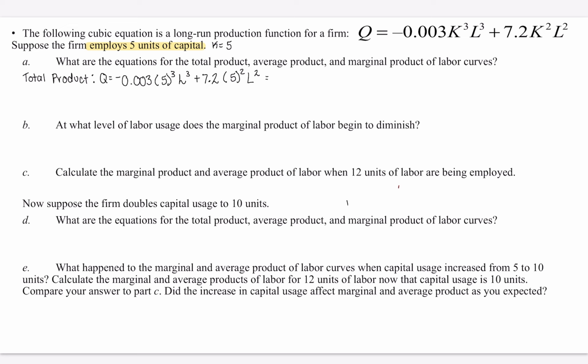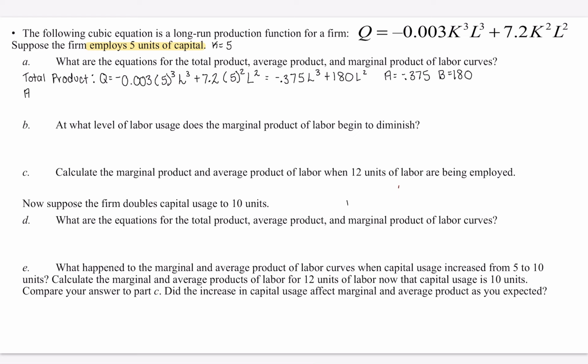And when you multiply that all the way out, you're able to get negative 0.375 L to the third plus 180 L squared. So with that, we see that our A is equal to negative 0.375, and our B is 180.